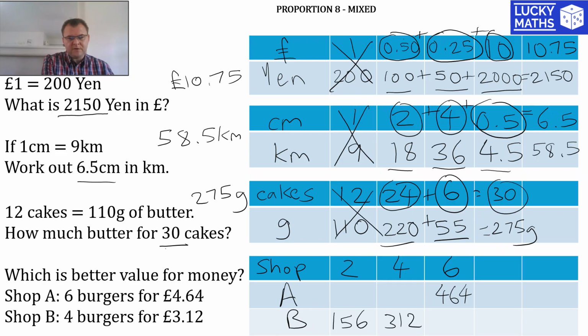Half of 312 would be 156. £1.56 for 2 burgers. If we divide by 3, we can get the same for the 6 burgers. I'm going to use my calculator and cheat quickly.